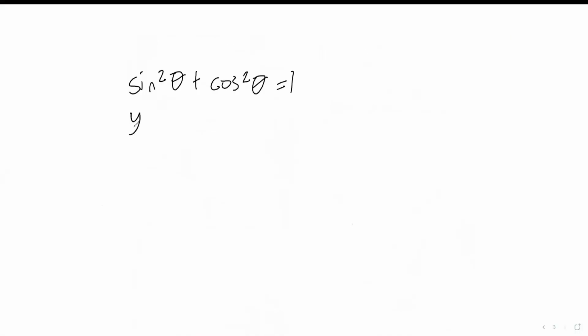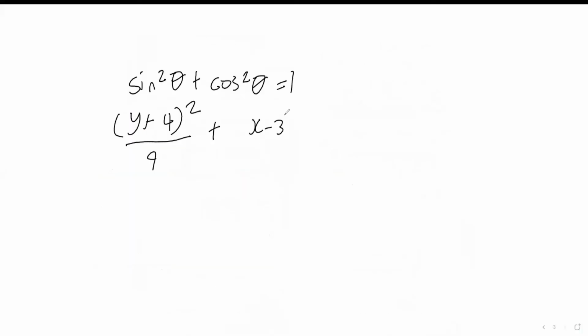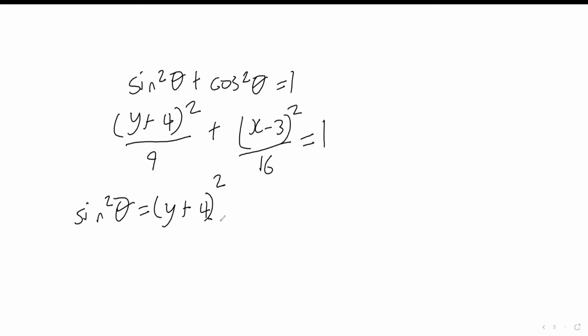You see that? (y plus 4) all squared over 9 plus (x minus 3) squared over 16 equals 1. So basically, what they're saying is that sine squared theta is (y plus 4) all squared over 9.